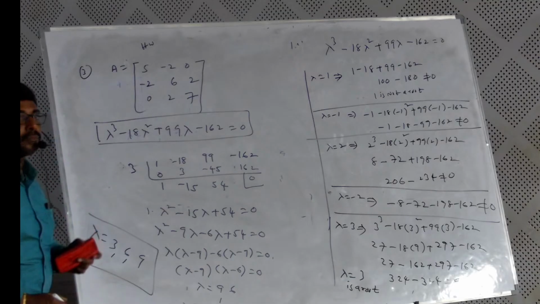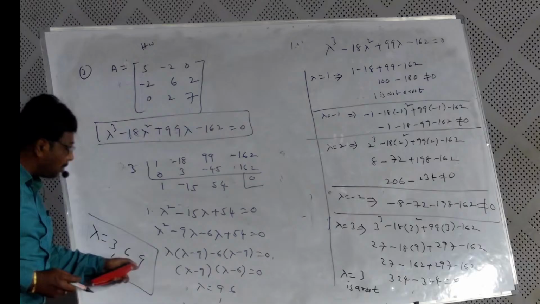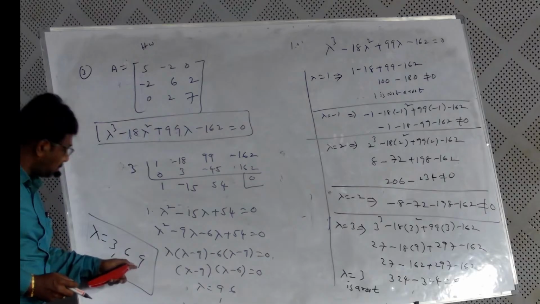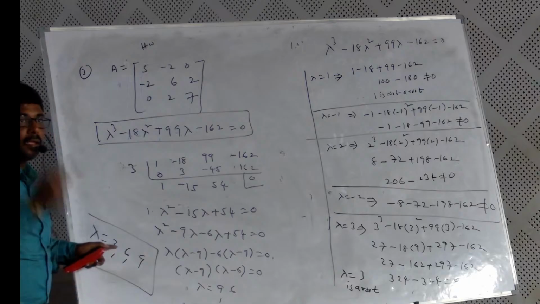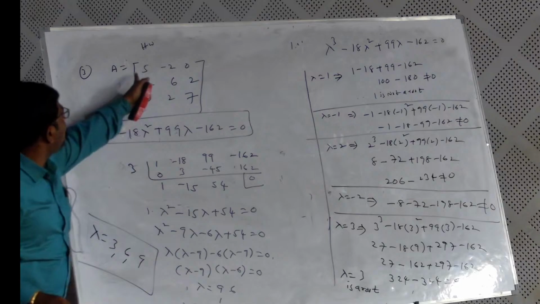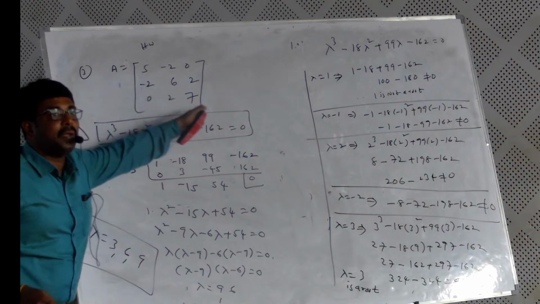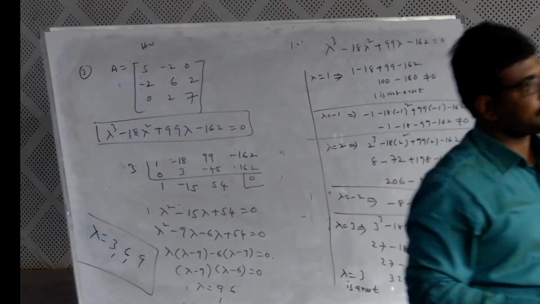Are they correct? What is the sum of the eigenvalues? 9 plus 6 is 15, plus 3 is 18. Remember the trace value is 18. Therefore our eigenvalues are correct.